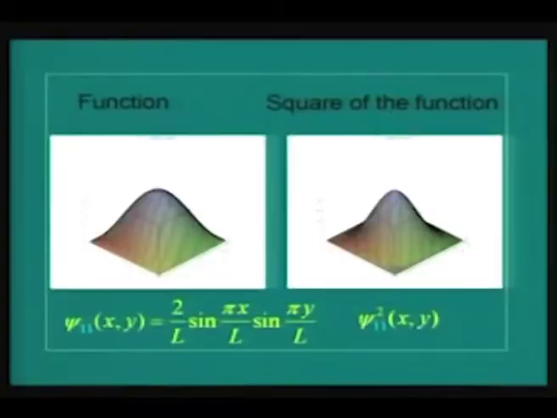Therefore, if we plot the square of this wave function, you get more or less similar plots, except that it is a little bit shallow on the ends, because sine square goes to 0 very quickly on both sides, and that is why the plot is slightly different.